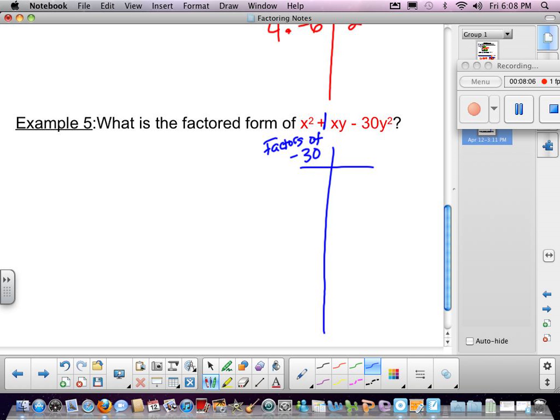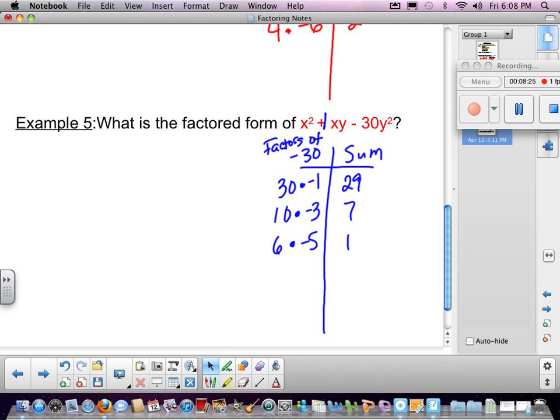So I want the positive to be larger. So 30 times negative 1, 10 times negative 3, 6 times negative 5. We look at the sums. It's 29, 7, and 1. Again, we want the ones that add up to 1.